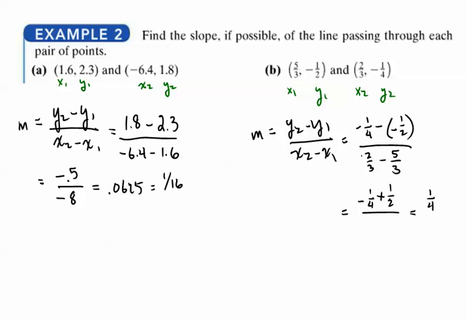And then we have 2/3 minus 5/3, which would give us a negative 3/3 or a negative 1. So we would have a slope of negative 1/4 here.